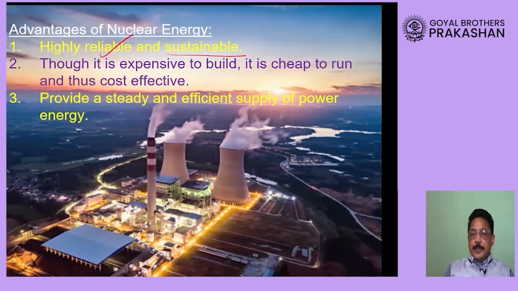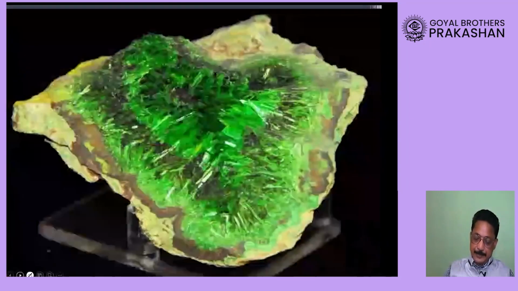Please remember, if I take 27 lakh kilogram of coal and burn it to produce electricity, I can produce the same electricity by using just 1 kilogram of uranium. So it is such a high source of energy. Because it is so high a source, we say it is very efficient in production of electricity for us.